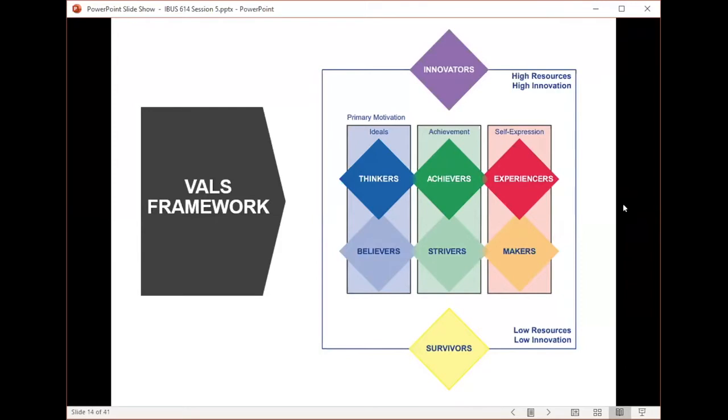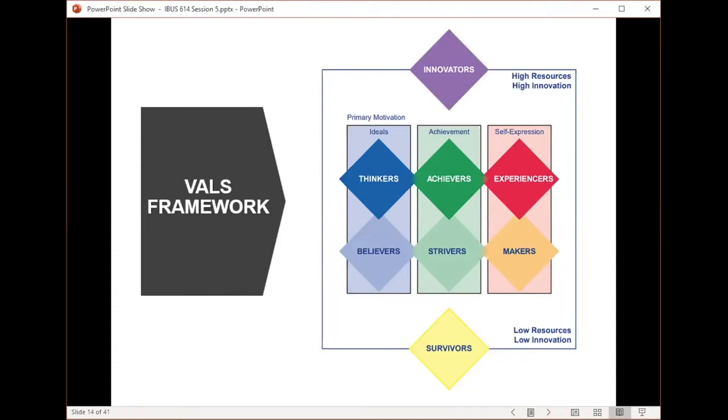Now, these classifications are going to help us predict the behavior of consumers based on what motivates them, be it their ideals, their level of achievement, or self-expression. And these, together with the resources that they have and the level of innovation that they exhibit, we can tell how they might react when it comes to purchasing and consumption of specific products and services.